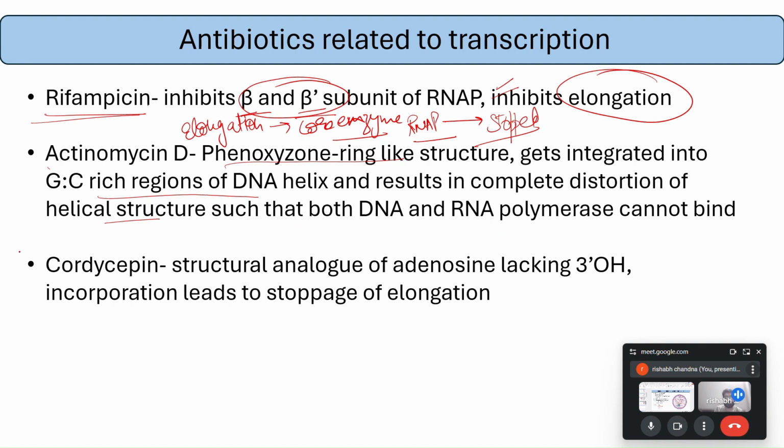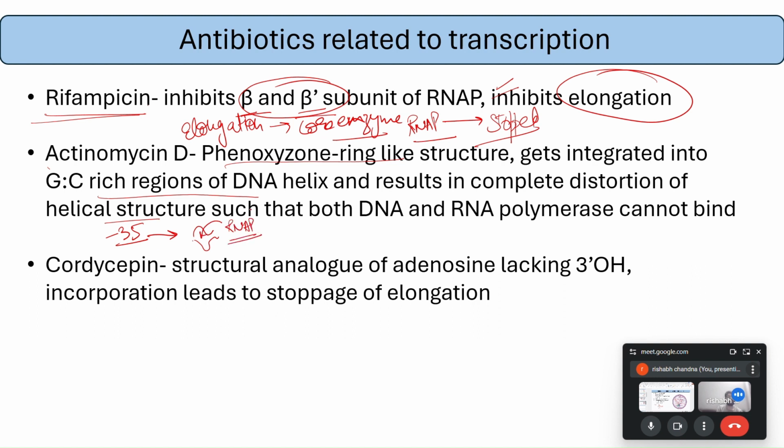So, as you have seen, in the -35 region, there is a GC-rich region. What will happen if this particular antibiotic binds to this -35 region? The distortion in the helix of the DNA will not be helpful for the RNA polymerase to bind.